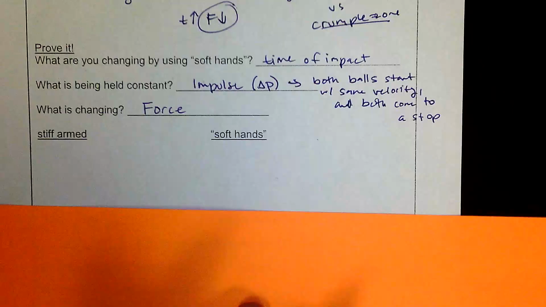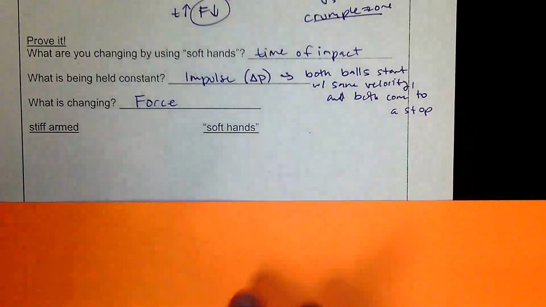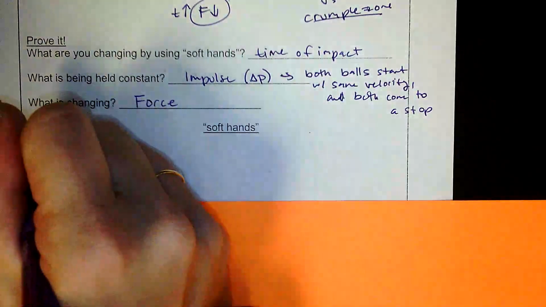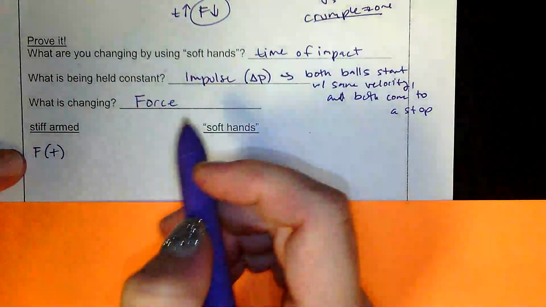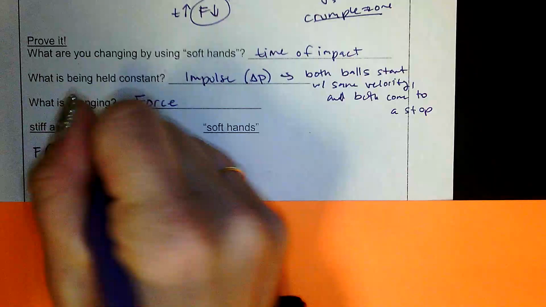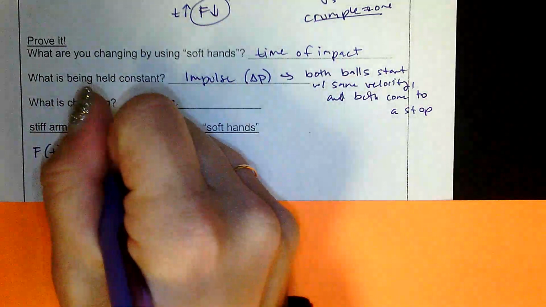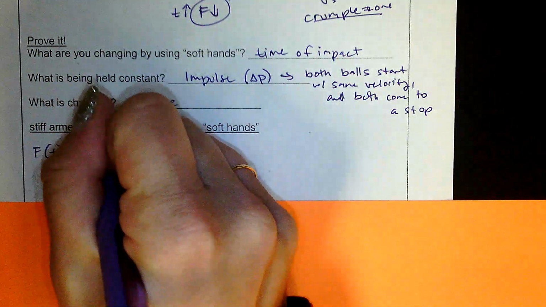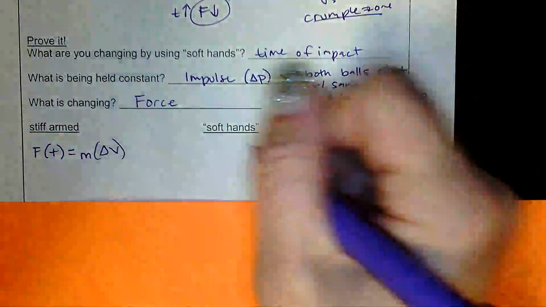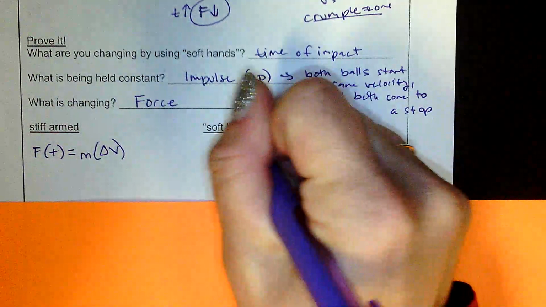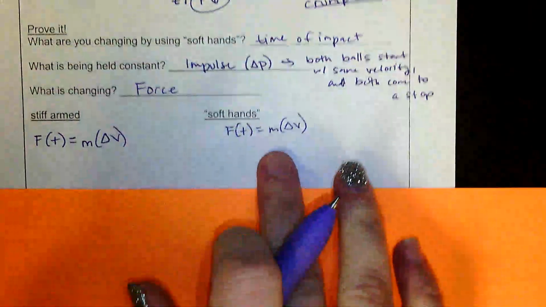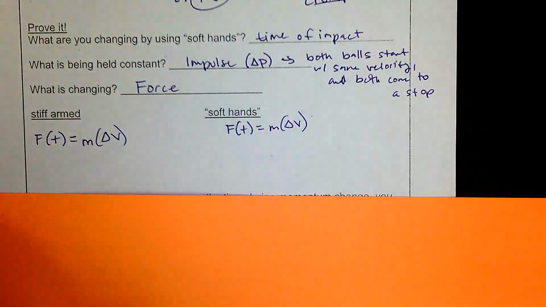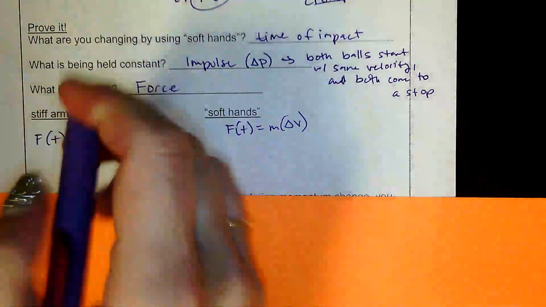All right, if we wanted to prove it mathematically, we can throw some easy math in here, right? We're going to stick with the same formula that deals with force. That's what we want to know, right? And then we're going to do mass times the change in velocity. And we're going to do it again for a soft hand just to compare. So here, we're solving for force.